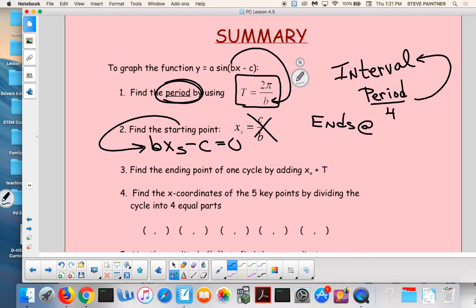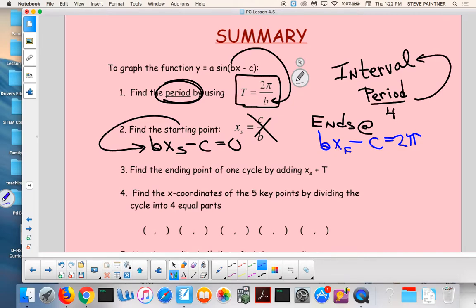It's bx minus c, but I'm going to put 2 pi: bx sub f, meaning the final x value, minus c equals what? 2 pi. And some of you might want to do this. I'll take the starting x value, I'll just add the period on, and I'll get that number anyways. And you can do it.